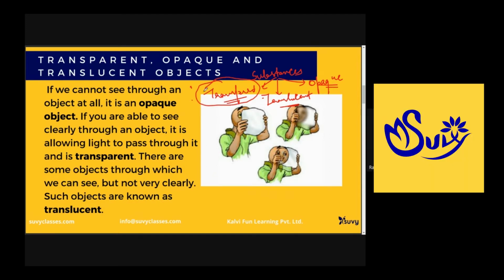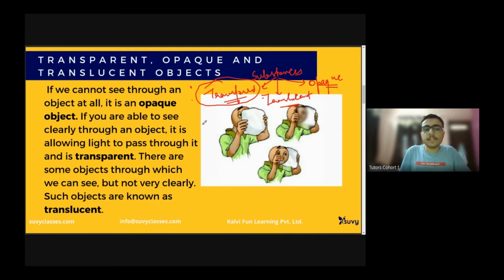Sir, the substances that allow light to completely pass through them, and we can see through them totally without any effort. That is for transparent. We'll ask translucent and opaque to our friend.